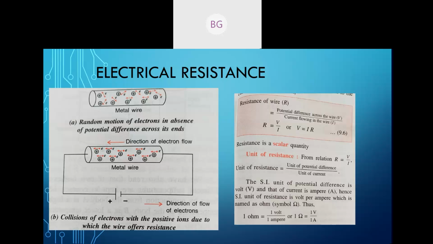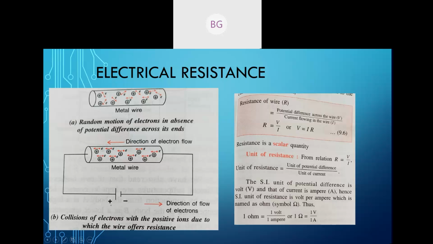Now if there is a potential difference, electrons will start moving from higher concentration to lower concentration. Here, the negative terminal, this minus sign, implies that the number of electrons is more here, and the positive terminal implies that the number of protons is more here. As we know, the flow is always from high concentration to low concentration.